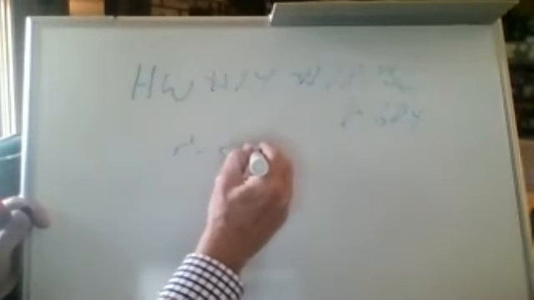All right. 30. The set of points in space 5 units from the point (1, -1, 3) can be described by the equation. If it's 5 units from that point, then r squared equals 5 squared, which is 25.